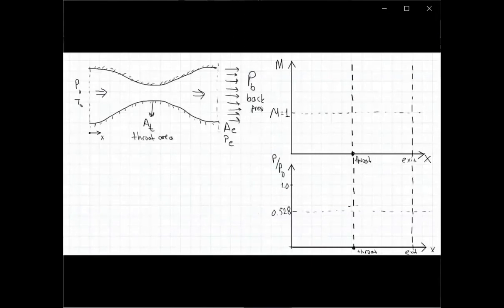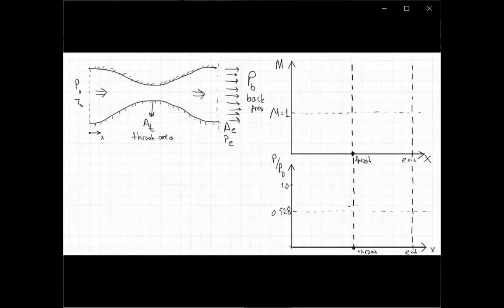If in that condition P over P0 is equal to PE over P0, then there will be no flow, zero Mach number. Then let's say we reduce the exit pressure a tiny bit, so PE is a little less than the inlet static pressure. Then of course, let me try to draw it in that situation. So I have two plots.